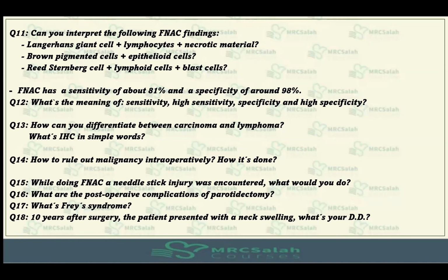Can you please repeat it again? The first is recurrence. Carcinoma in general. Okay, so recurrence or new carcinoma. What else? Carotid body tumor. Yes, or lymphoma.